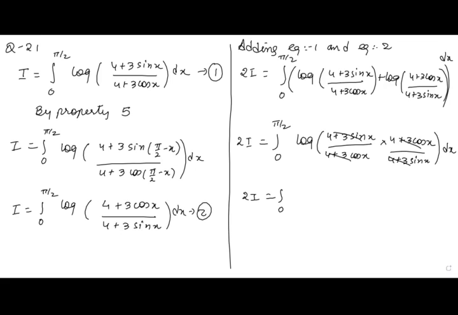So I'm left with log 1, and log 1 is 0. So as log 1 is 0, whole integration will become 0. So as the value of 2I is 0, value of I will also be 0. Right. Here the correct option is option C.